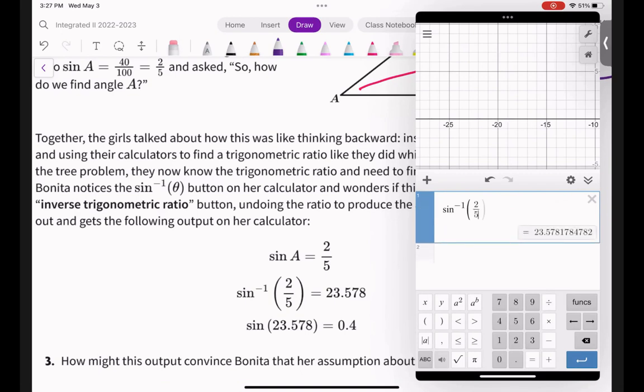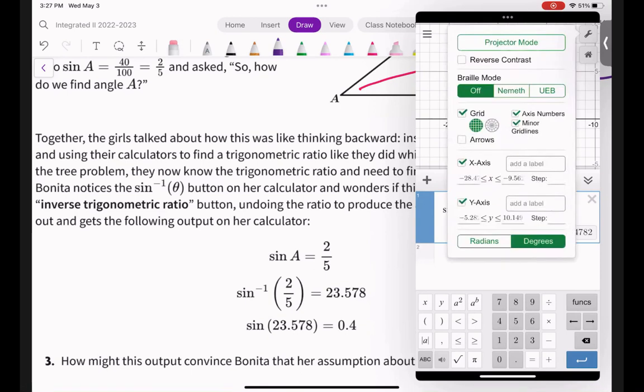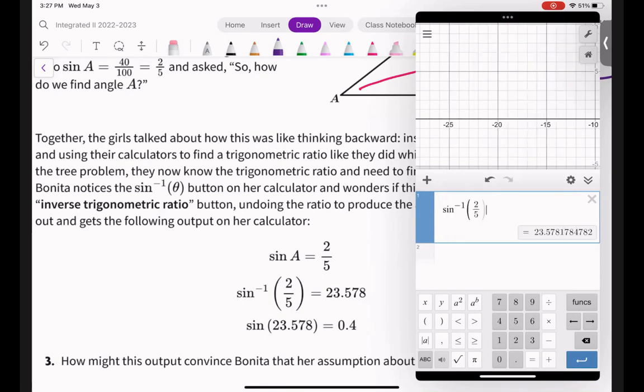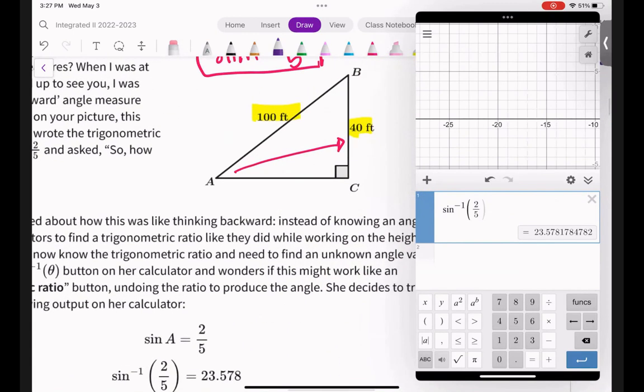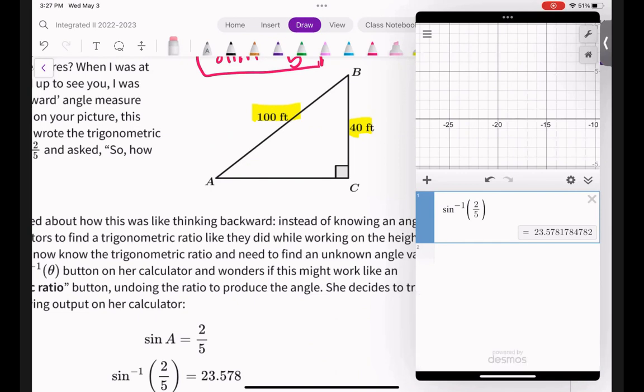And we got 23.57, and it's in degree mode, so it's degrees. So basically they're saying if this is the case, then A must be about 23.578 degrees. Okay, that's what they're saying.